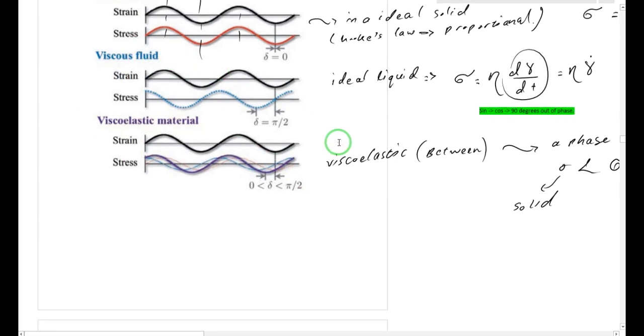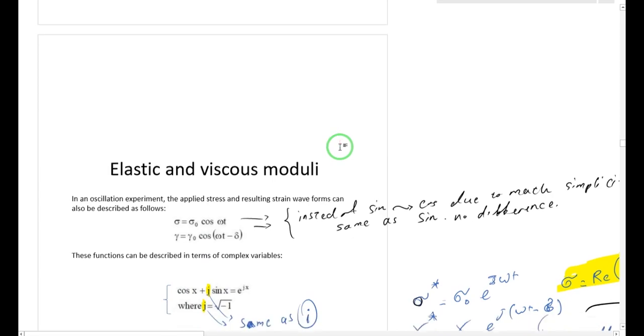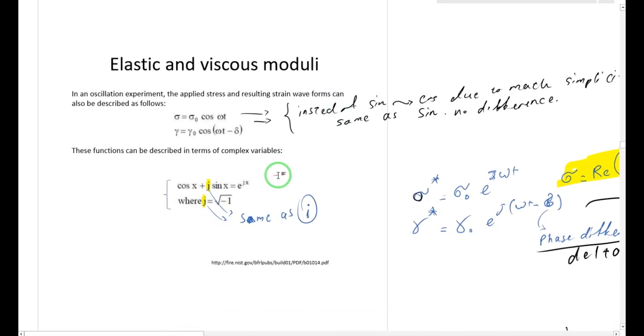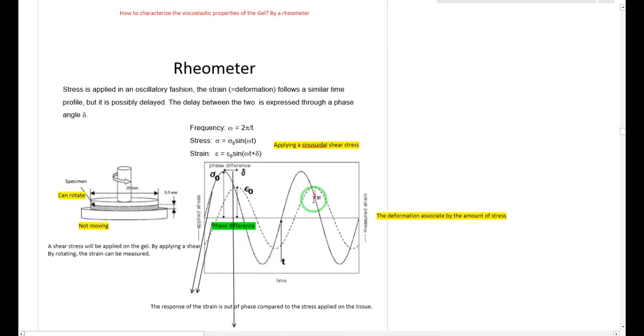So let's go a little bit into mathematics. You remember that above I told you that we are applying a sinusoidal stress, and this sinusoidal stress is here. You see here that it has the frequency omega t, and also this sigma 0 as the maximum value of the stress which is applied.